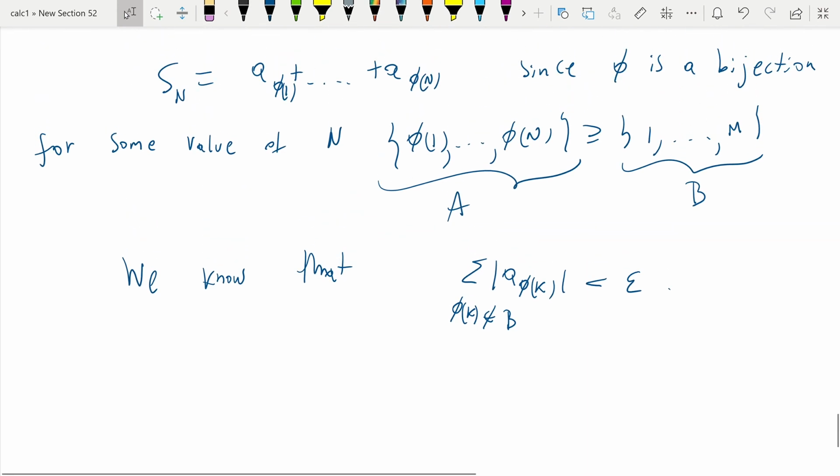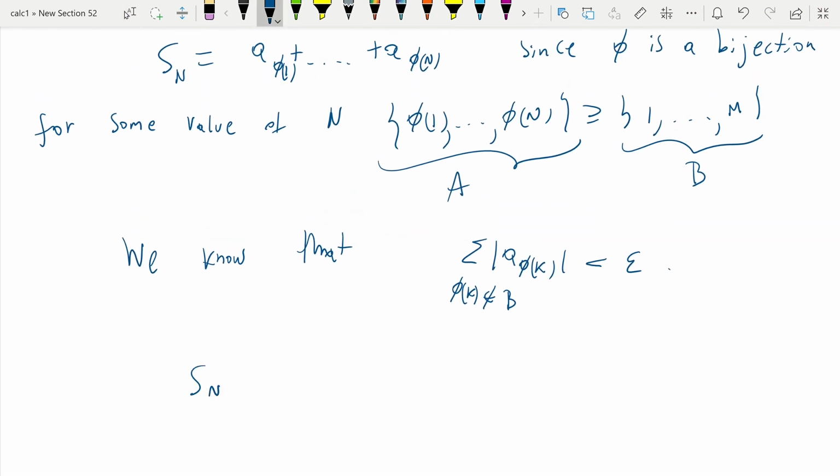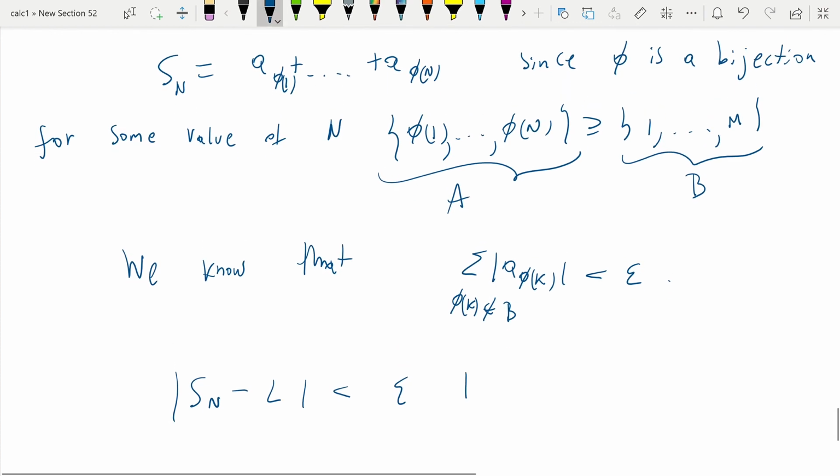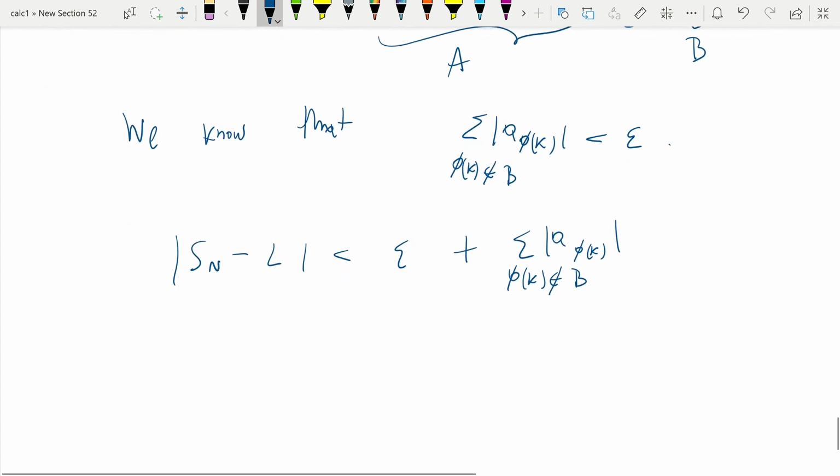Therefore, what we have is that S_n minus L is less than or equal to epsilon, it's actually less than epsilon, plus the sum over phi k not in B of the absolute values of the a sub phi k's.